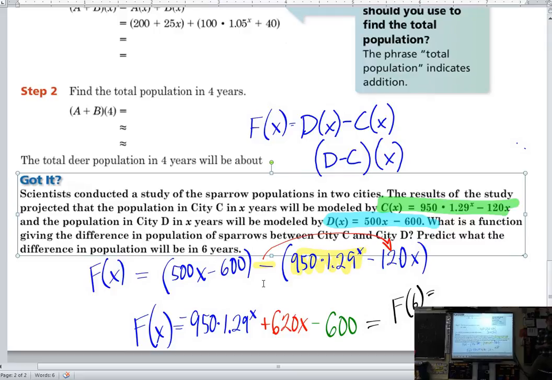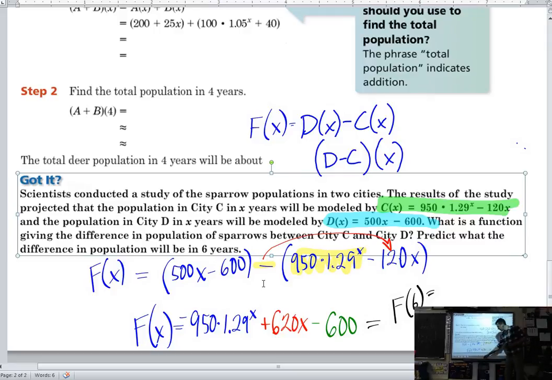Is there a way to make your calculator find certain values? Like, I want to find the value of when x equals... Yeah, that's what we're about to do. We're going to use the table. So 950 times 1.29 to the x. You can put that whole thing in parentheses if you're like me and you just love lots of parentheses. Wait, if it's in parentheses, wouldn't it put the 950 to the x too?